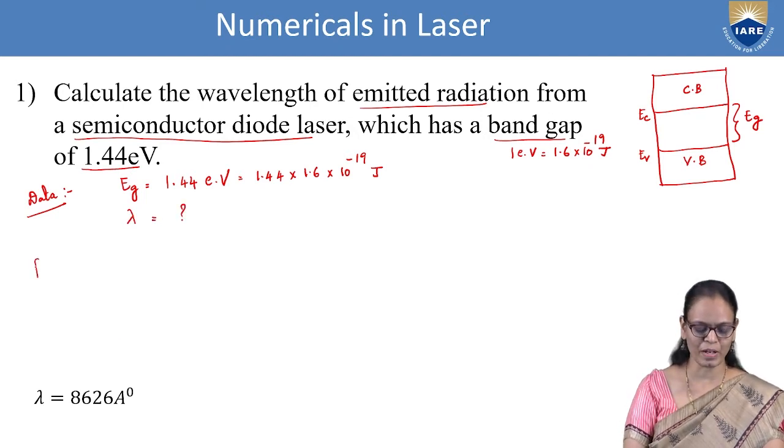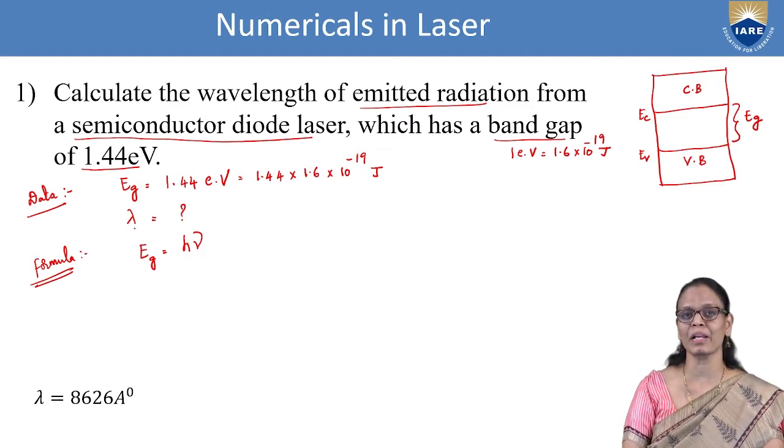So which formula we are going to use now? We have energy Eg is equal to h nu. And since we have to find lambda, the wavelength, we will write nu in terms of lambda.